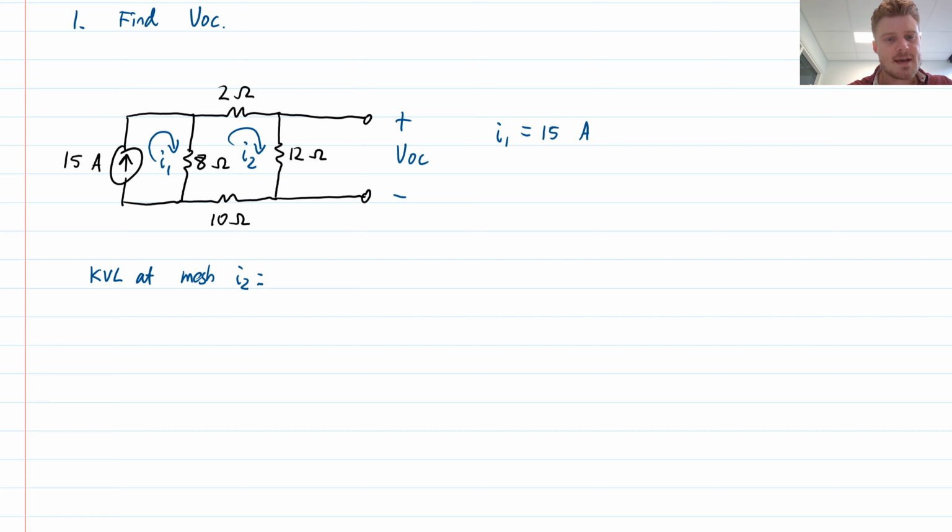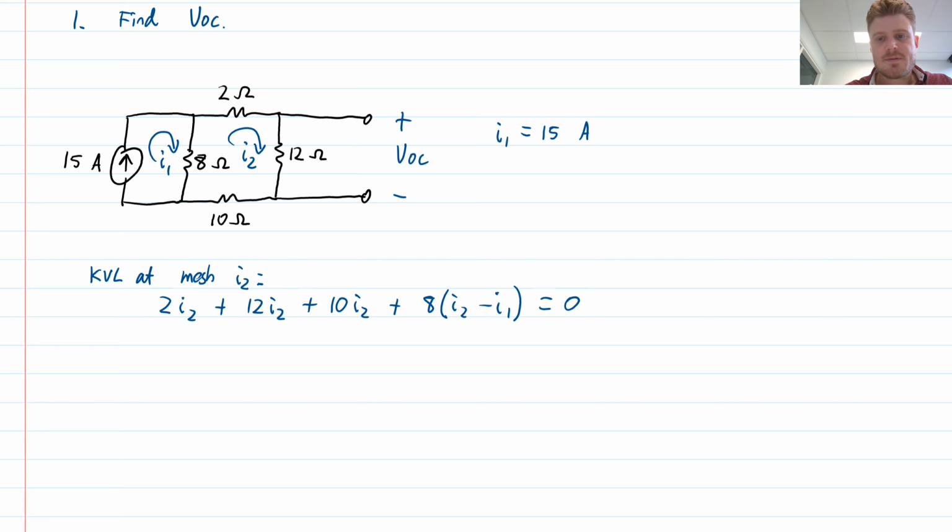I'll choose a starting point, let's say top left corner of that mesh, and I will have that 2 times I2 plus 12 times I2 plus 10 times I2 plus 8 times (I2 minus I1) is equal to 0. Of course, once I know I2, then I can use Ohm's law to calculate this open circuit voltage across the 12 ohm resistor. So that will be the strategy that I'm following.